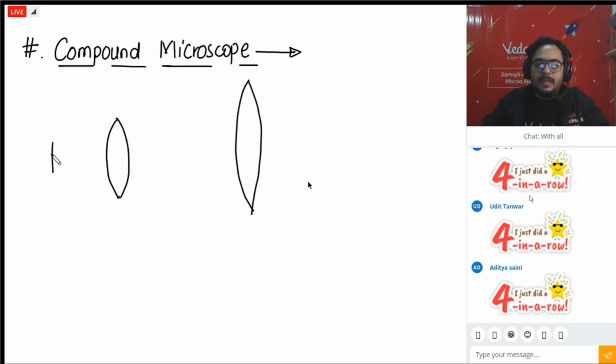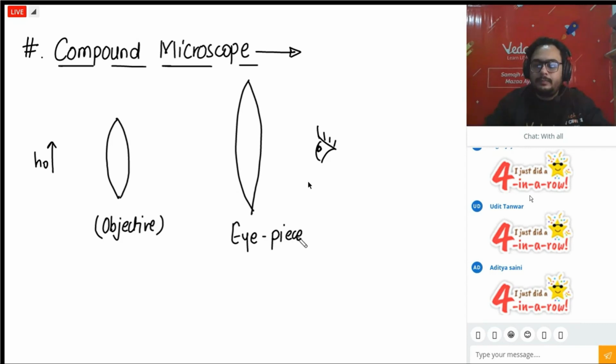If this is your object, then the lens which is close to the object is called the objective. Very good. And if your eye is placed here, then this lens is called the eyepiece.